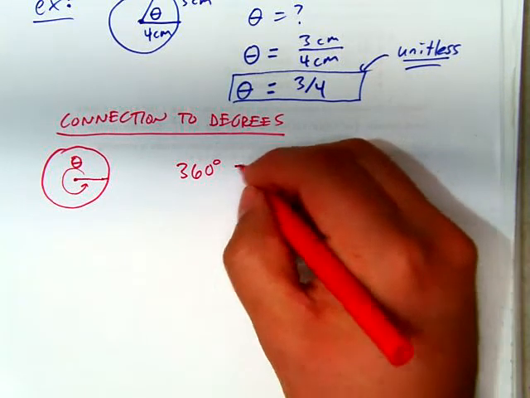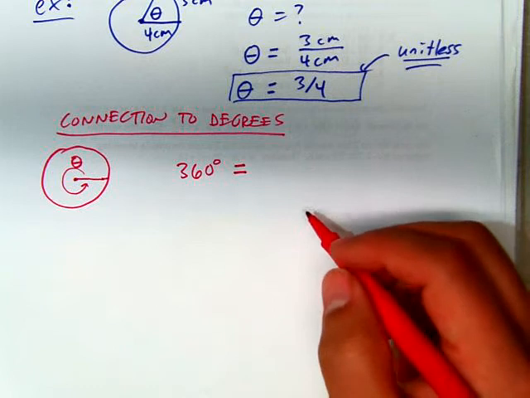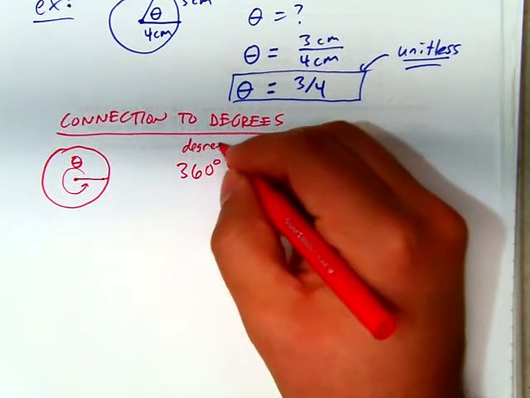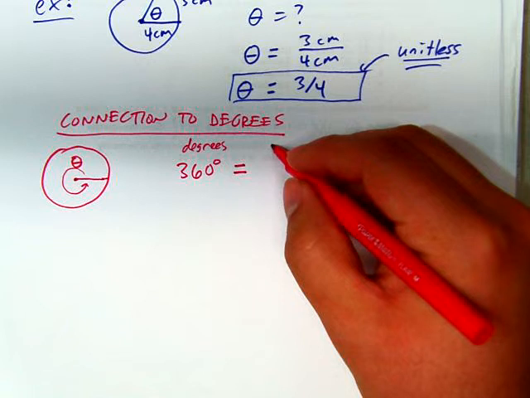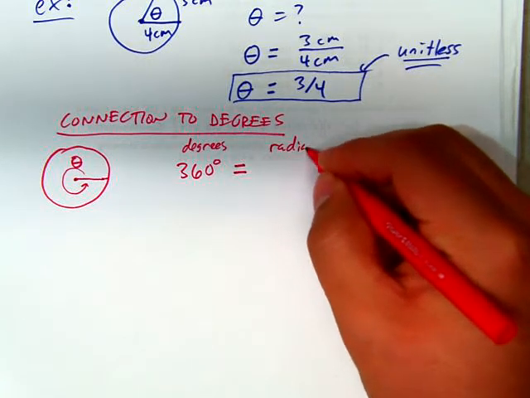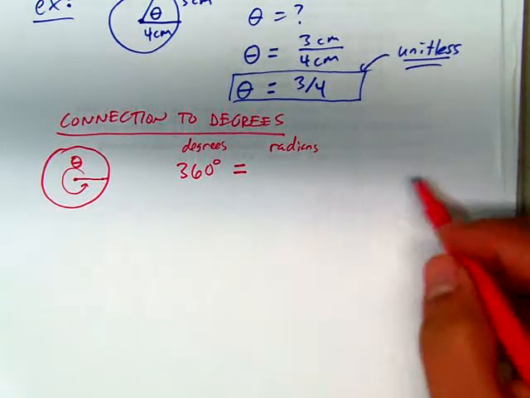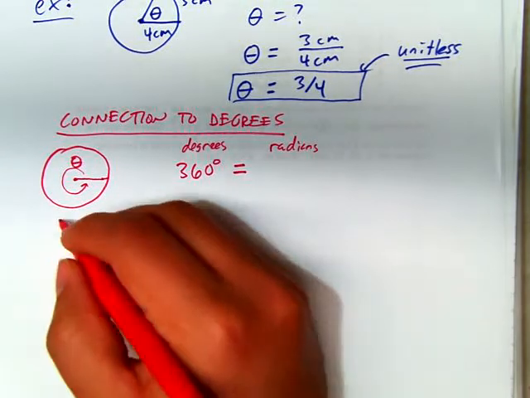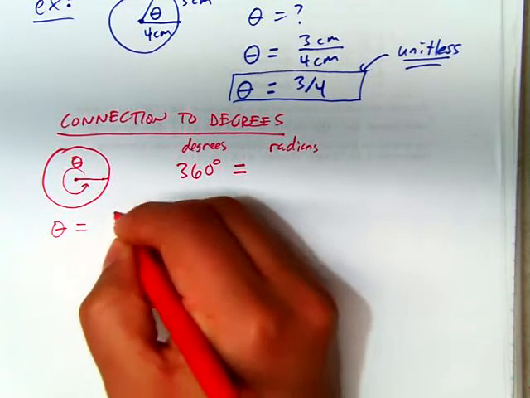So this is degrees over here, and now we want to figure out what this is in radians. In radians, we know that theta is equal to S over R.